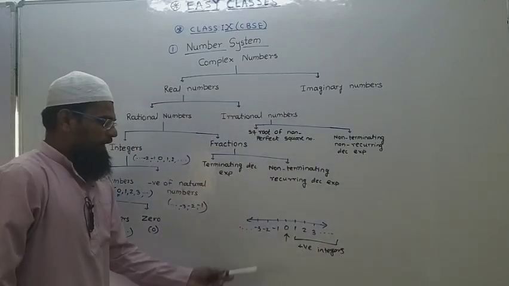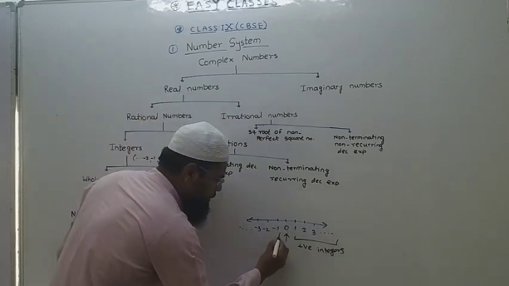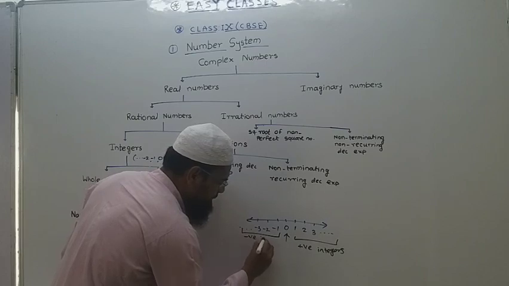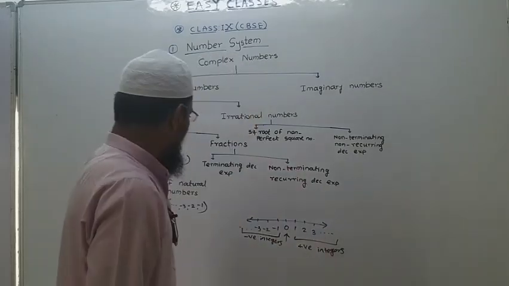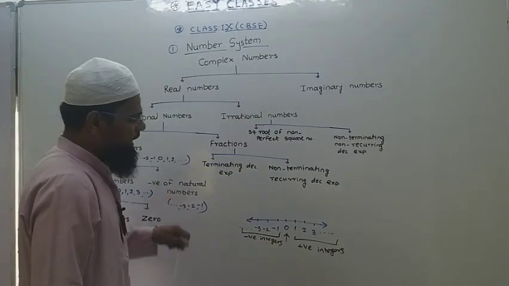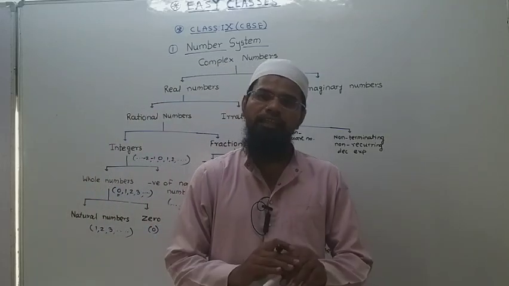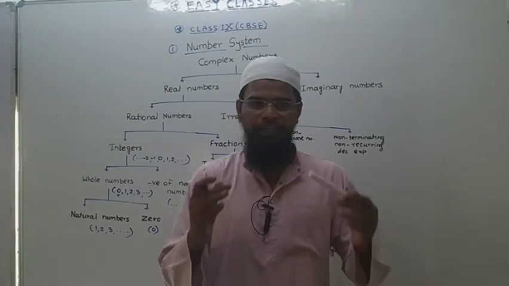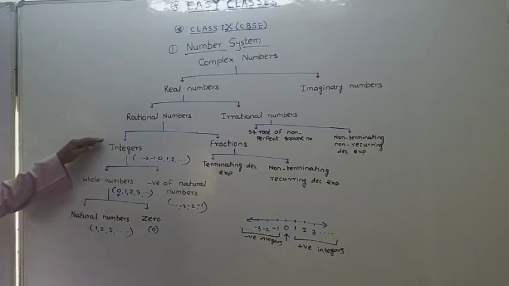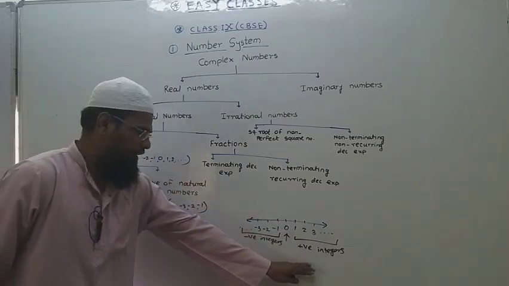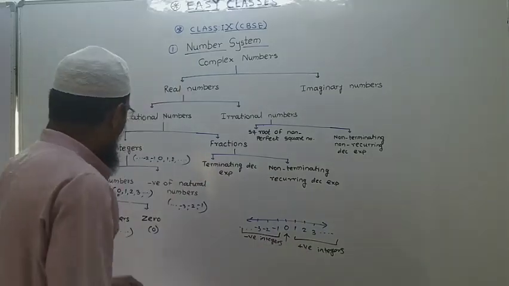The numbers to the left of 0 are the negative integers, or negatives of natural numbers. And 0 is the integer which is neither positive nor negative. So we finish the basic concept of integers: positive integers, negative integers, and 0.